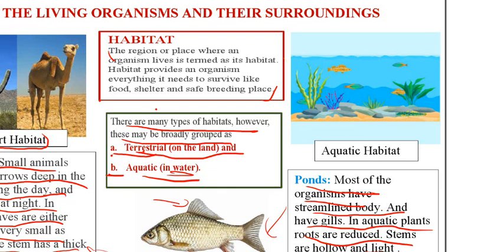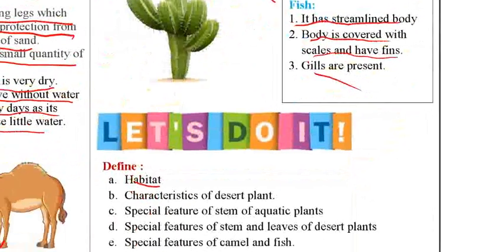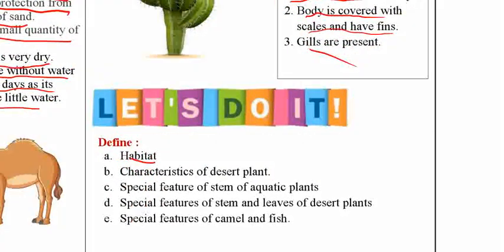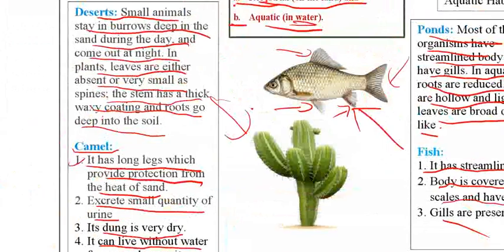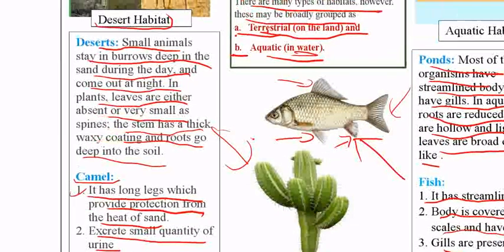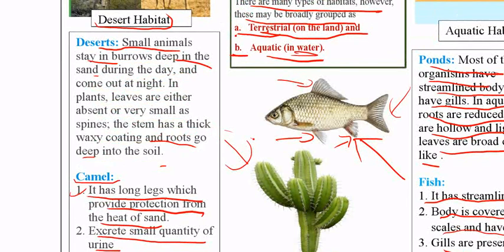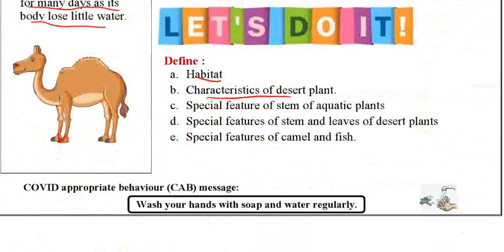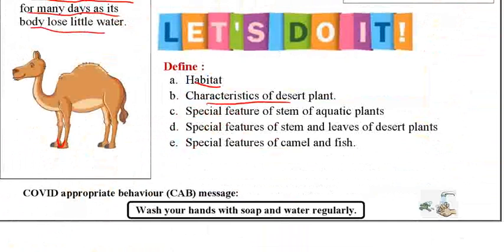Next one. Here we have characteristics of desert plants. We will see the characteristics of desert plants which we have already discussed. Next, special feature of stem of aquatic plants.